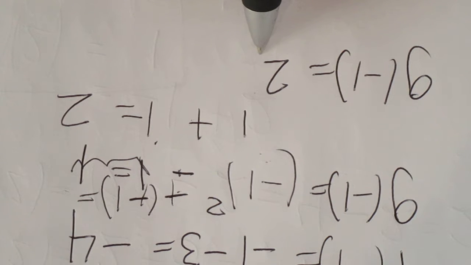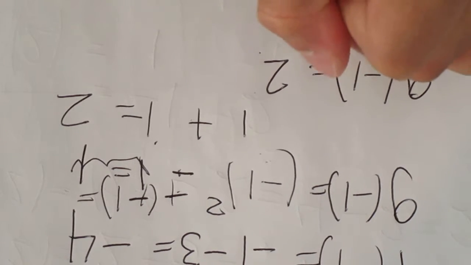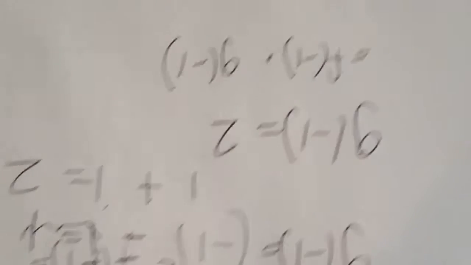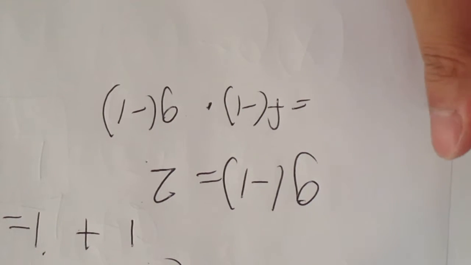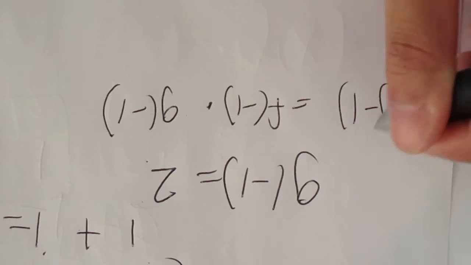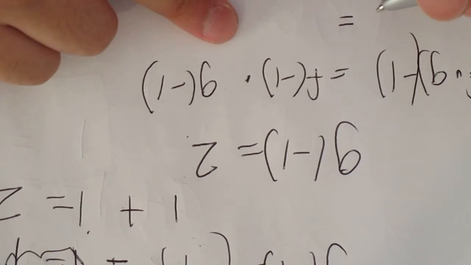And then for our final answer, we have to multiply f of negative 1 by g of negative 1, because this is multiplication. So this is f times g of negative 1. What is f of negative 1?